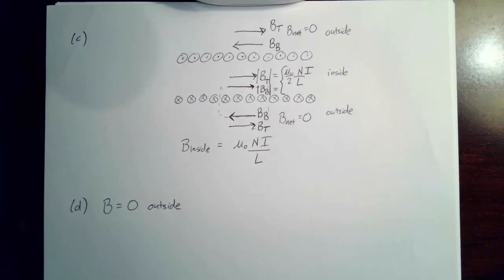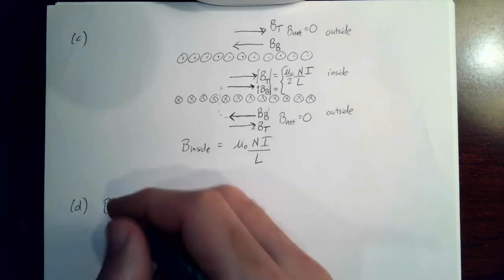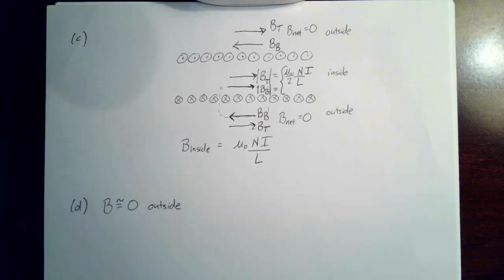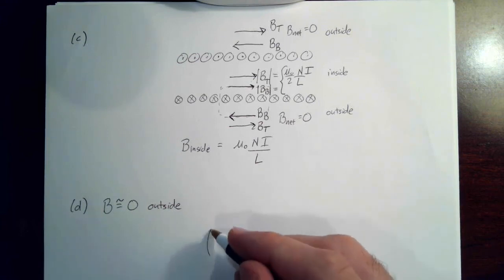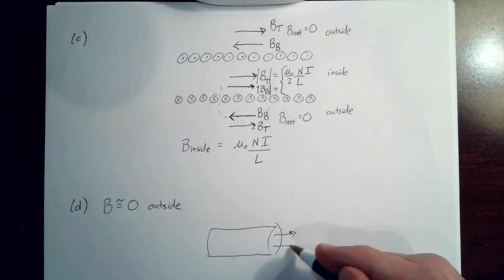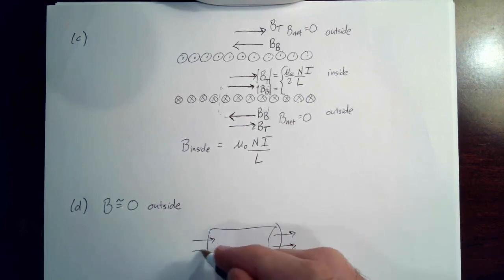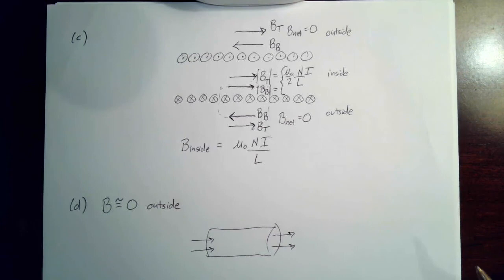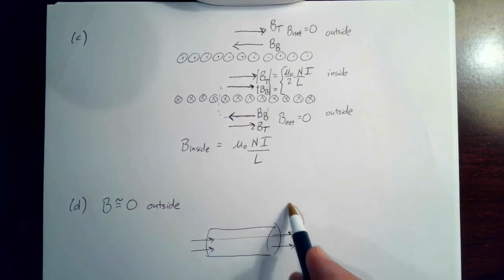One last remark is that this is in the ideal case. In the actual case, it's going to be approximately equal to 0, because remember, when we have a solenoid, the magnetic field comes out of one end, goes in the other end. But we know from Gauss's law of magnetism that all of these magnetic field lines must be complete loops.